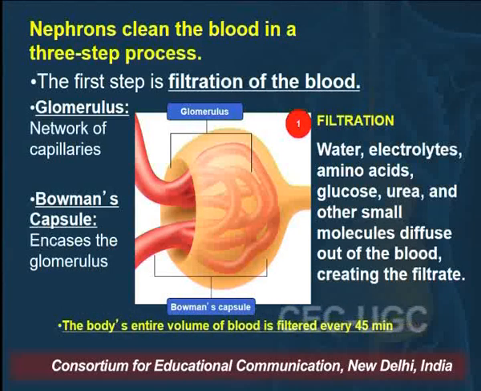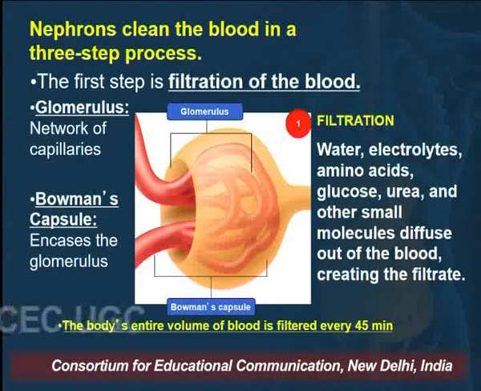Water, electrolytes, amino acids, glucose, urea and other small molecules diffuse out of the blood, creating the filtrate. The body's entire volume of blood is filtered every 45 seconds. So this is the first step of cleaning the blood, and that is filtration of the blood.